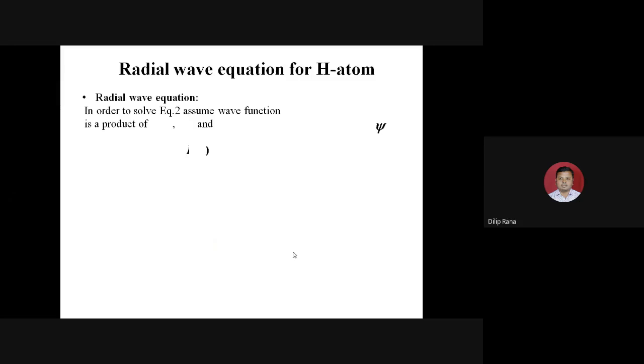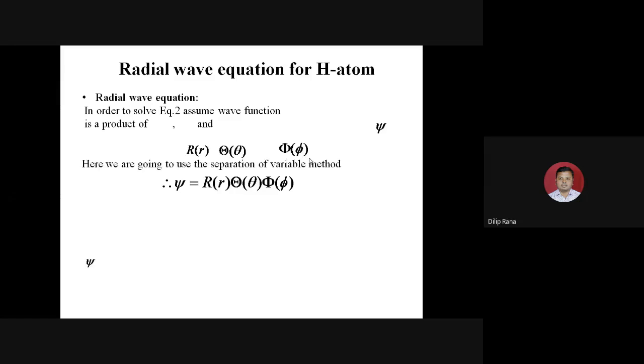Now we have to consider this equation as a combination of three functions: a function with respect to r, a function with respect to theta, and a function with respect to phi. R of r, Theta of theta, and Phi of phi. And this is the equation.